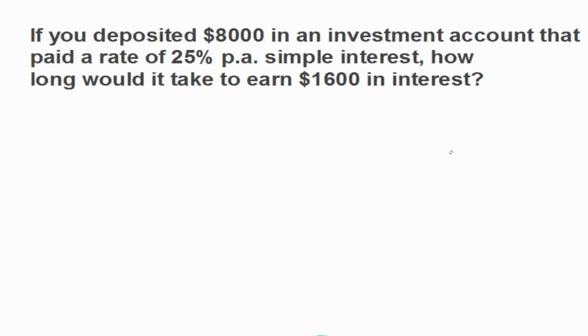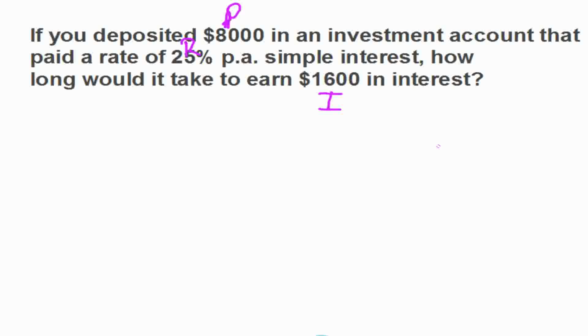So our question, summarizing it, we are investing this, so this one is our principal, then it is at this rate, so this one is our R, and we are gaining this, and this one is our interest.